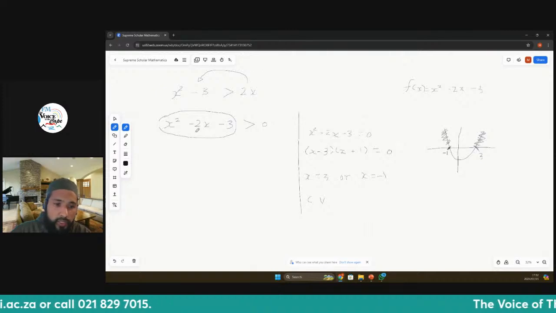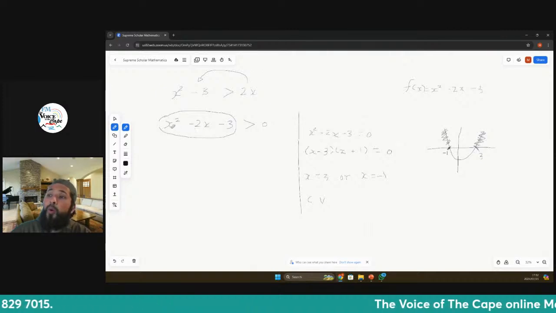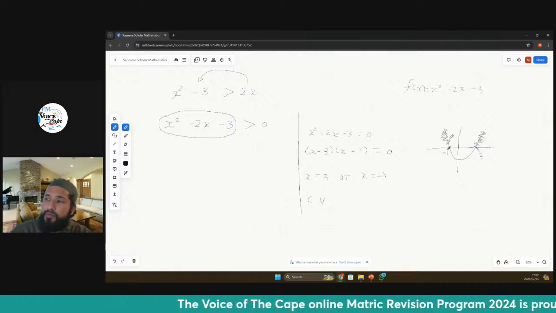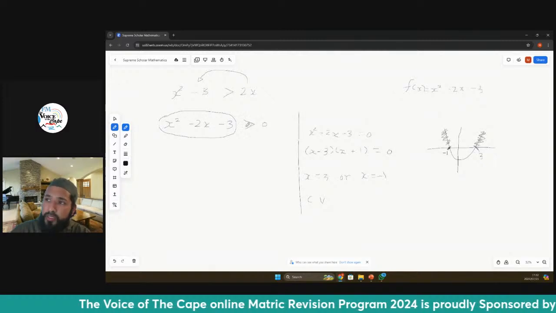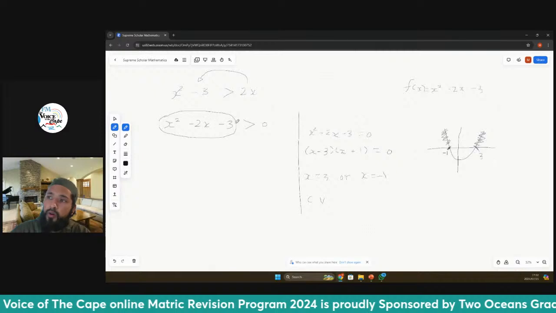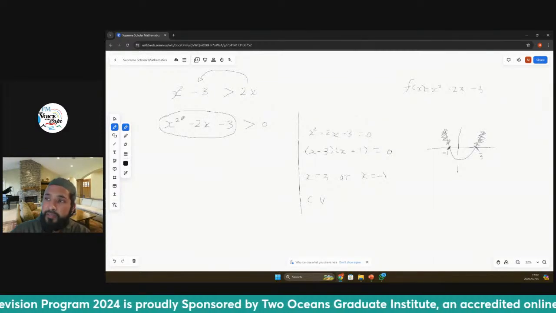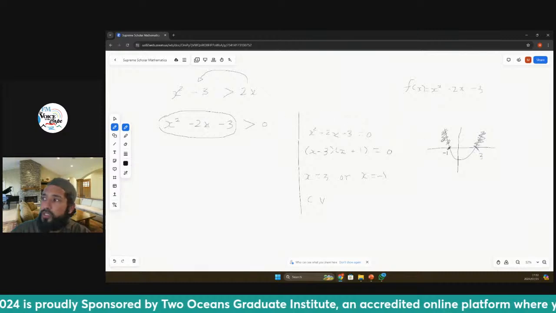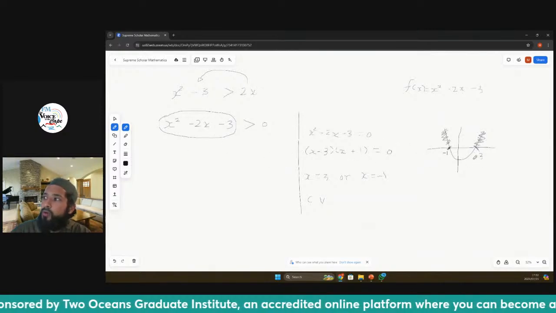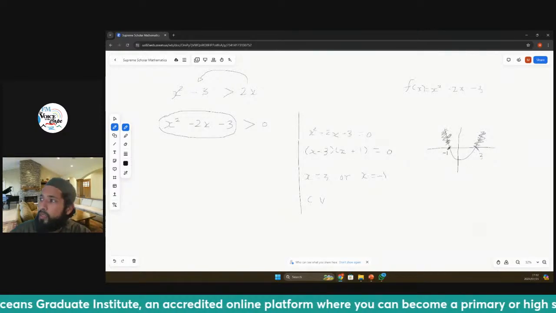What was the question? Let me remind you. The question was, where is this graph positive? Where is this equation positive? In other words, greater than 0 or positive. If it was the other way around, it would be, where is this equation negative? But here, it's where is this equation positive? So now we can see, well, it's positive here, right?